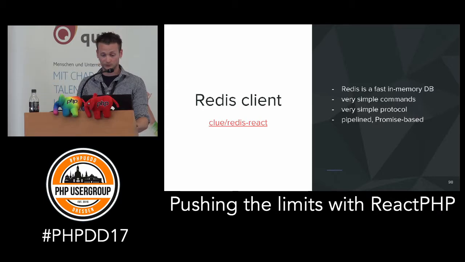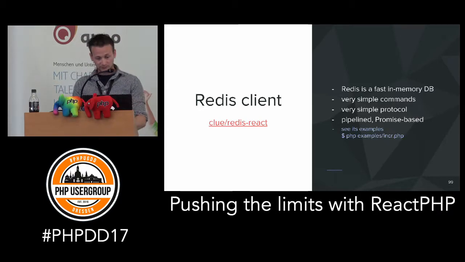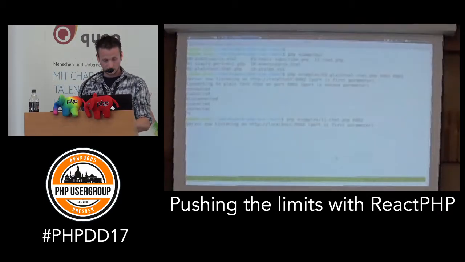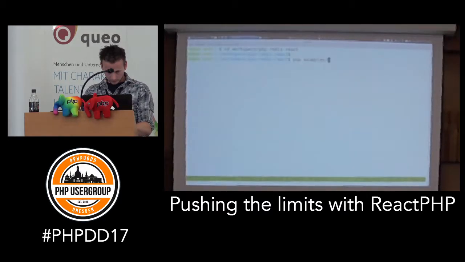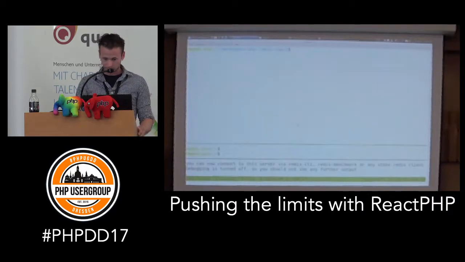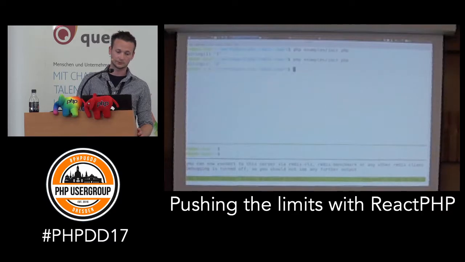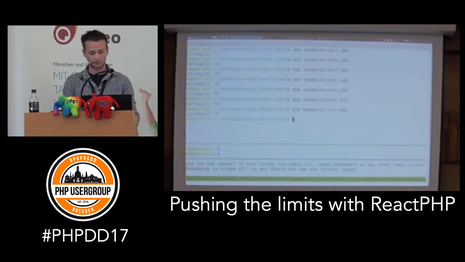And this allows us to build a Redis client in PHP. Workspace PHP Redis. Sorry, already prepared this below here. So you can run an increment, and it's always going to show the next number.